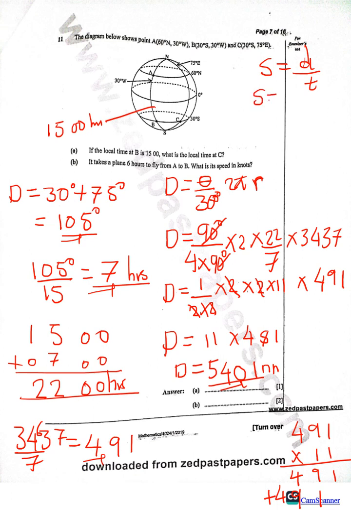So speed is equal to the distance, 5,401, over the time. What's our time? 6 hours. So 6 hours. Now, 6 into 54.